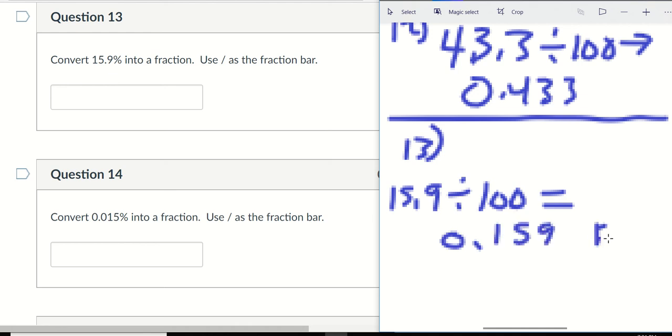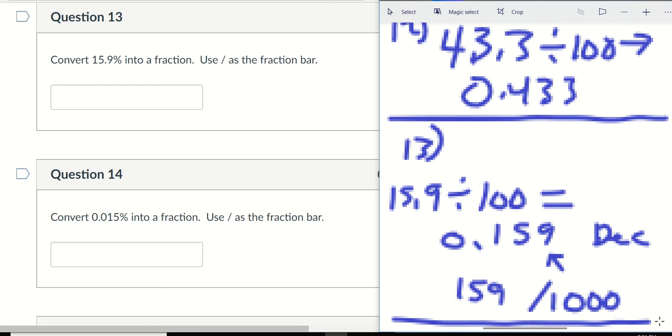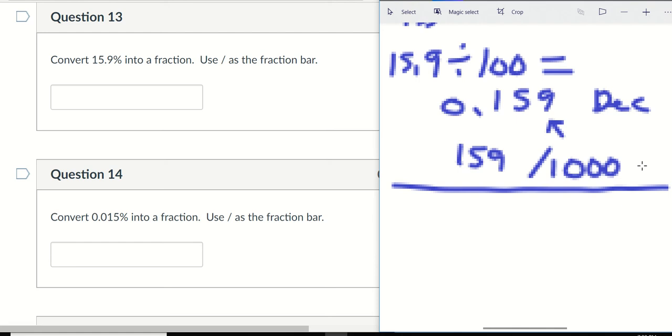Now that you're in decimal, we can do the fraction, right? So the 9 is in what decimal place? Thousandths. So that's your bottom number. And you just put on top 159. 159/1,000. So remember, your first step is to convert to decimal first.